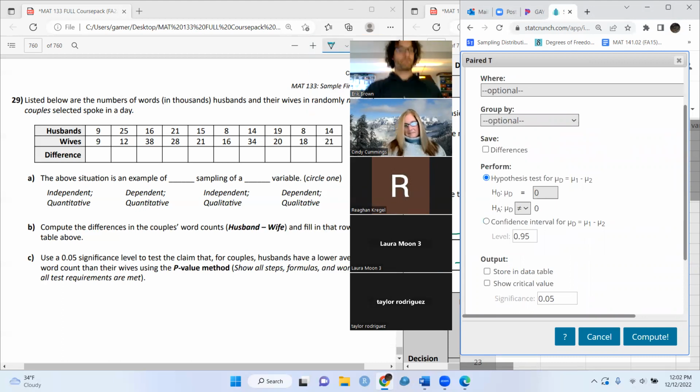Once I put the two columns in, do I just put less than for the bottom thing? For the HA. Yeah, less than, okay. Because this is a hypothesis test. Right, so test the claim. So we don't use the confidence interval. Good.